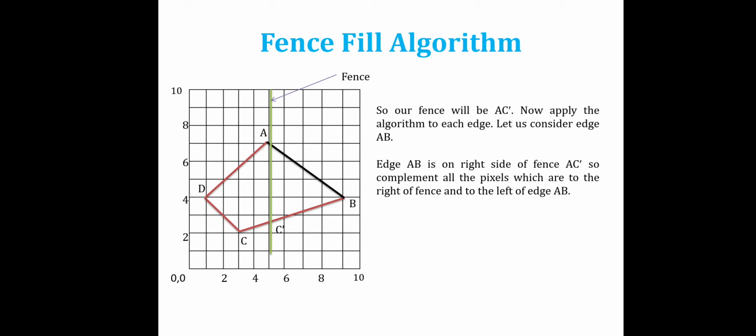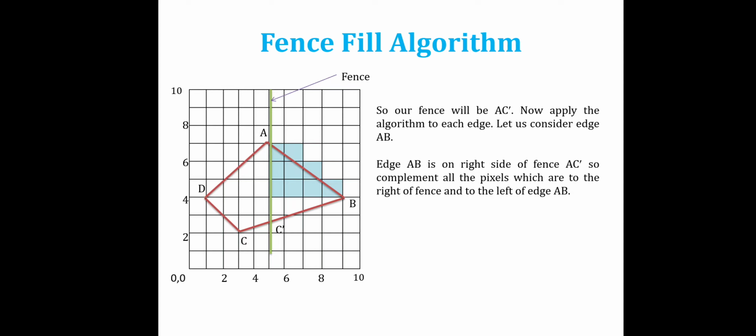Because we have to avoid this unnecessary pixel filling over here, which occurs in the edge fill. So, for avoiding that, we only consider the line AB and the left part of the line AB, and the right part of the line AC dash. So, in this way we are filling this polygon.